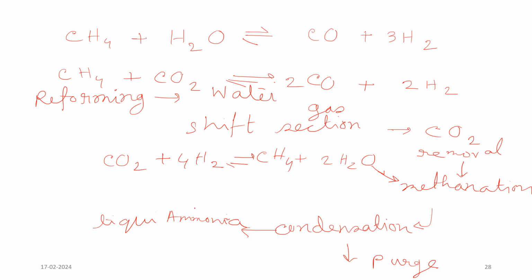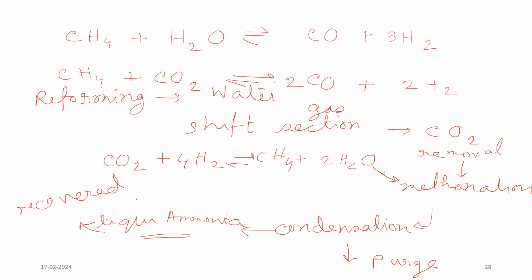Here it is reacted with nitrogen, and hydrogen is already present, so it is creating the liquid ammonia, and then this liquid ammonia is recovered. So this is the whole process of ammonia plant production, so you should remember it.